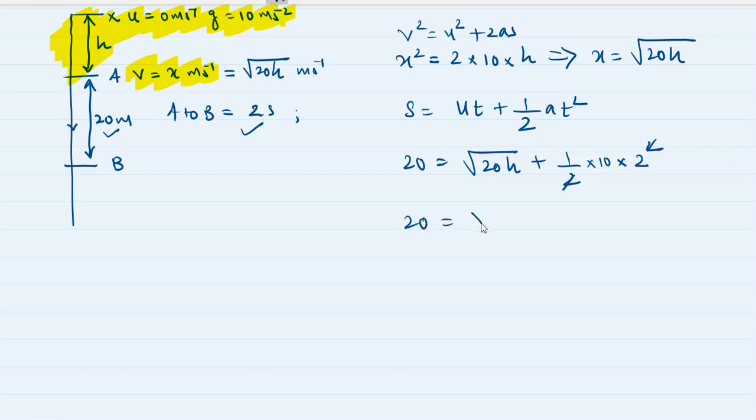So 20 is equal to root 20 times h plus 20. 20 gets cut from both sides. So root 20 times h is equal to 0.